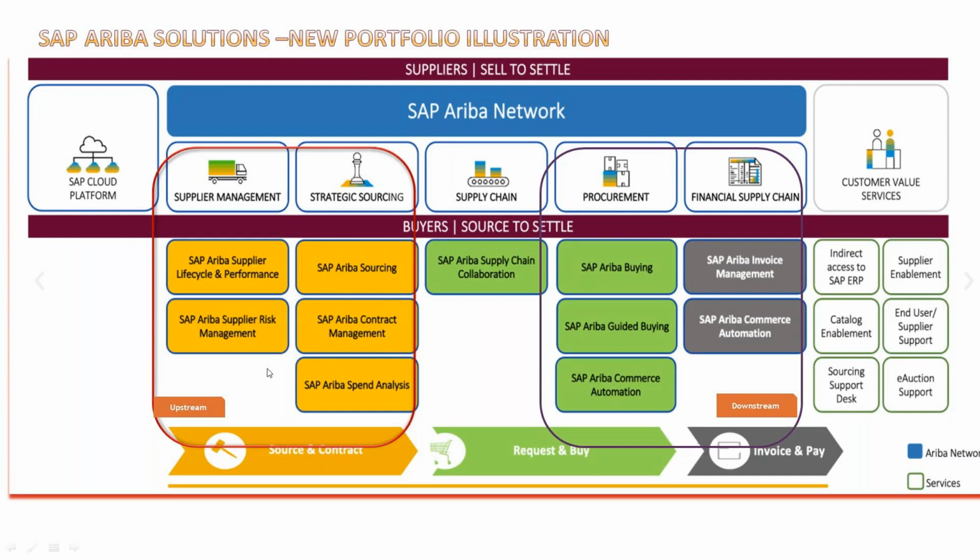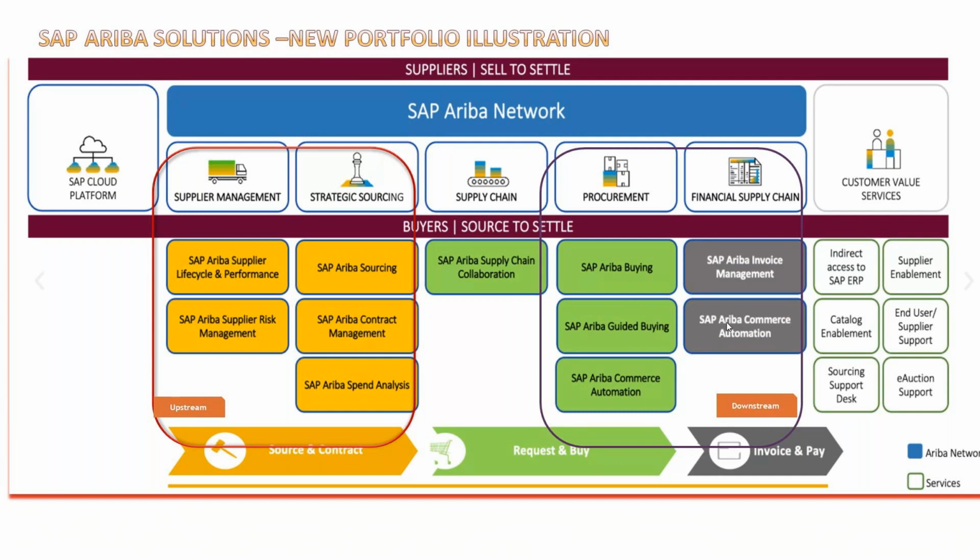Fine. Then in between we have the supply chain concept: supply chain collaboration and commerce automation. These are almost the same process, where your PR and PO will be created in the S4 HANA system, and then your PO will be sent directly to the supplier.